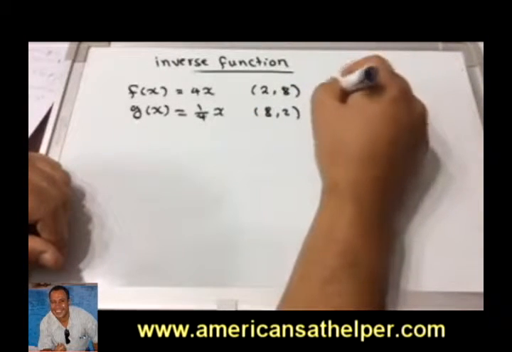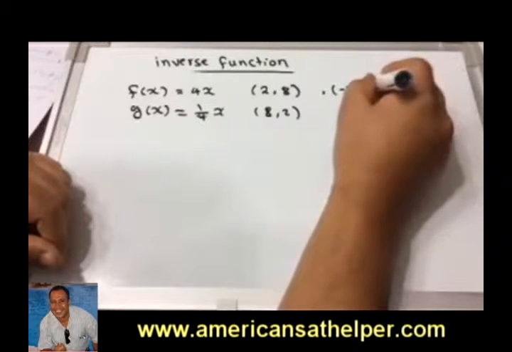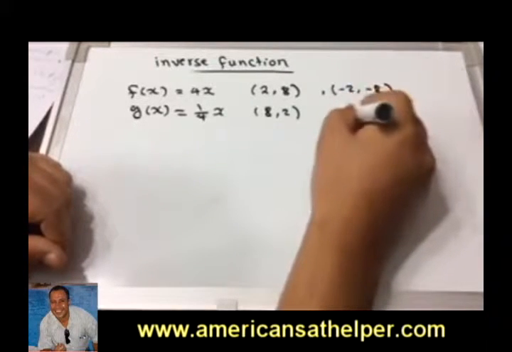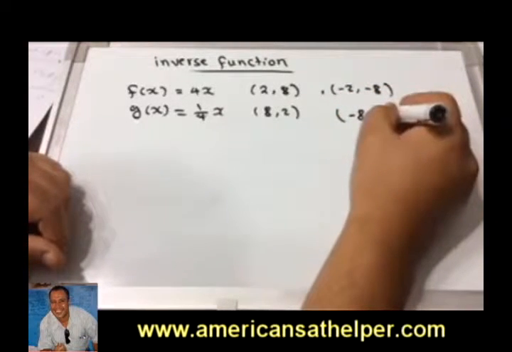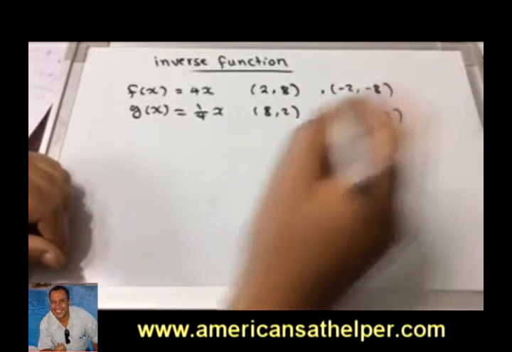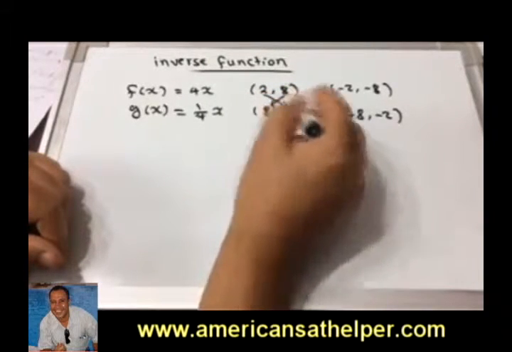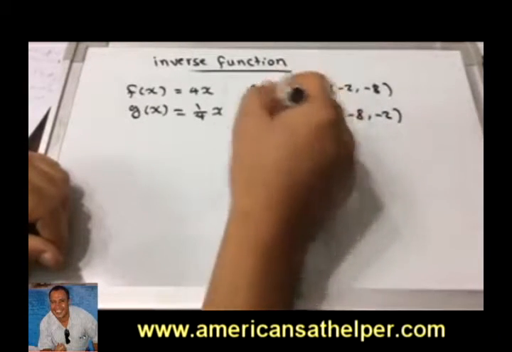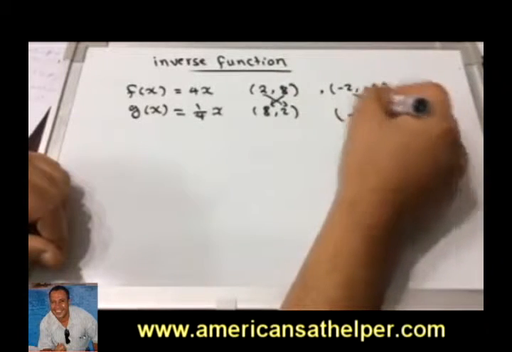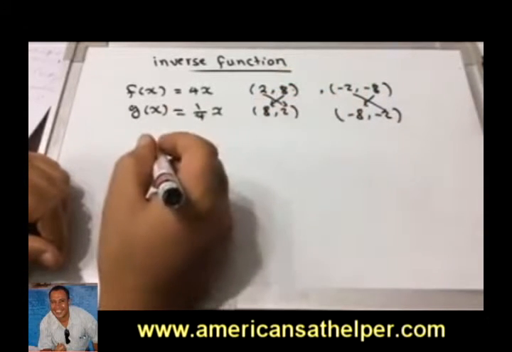And when we started with -2, we get -8. When we put -8, we got -2 in the other function. So you can notice that the values of x and y flip-flop, they switch. 2 and 8 became 8 and 2.